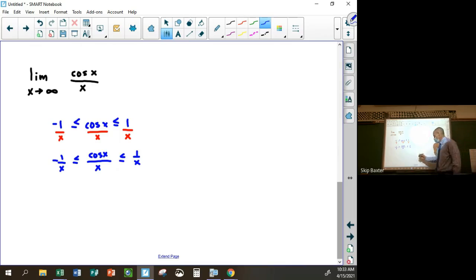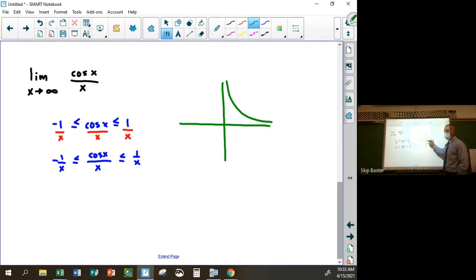So I have the same scenario here. I have 1 over x, which, remember, is the inverse variation hyperbola. It kind of goes like this in the first quadrant, and then it's down here as well, which I'm not really going to draw. And then I have negative 1 over x, which is just the reflection over the x-axis. It goes like that. And I have this third function, cosine x over x, which is somewhere in the middle.